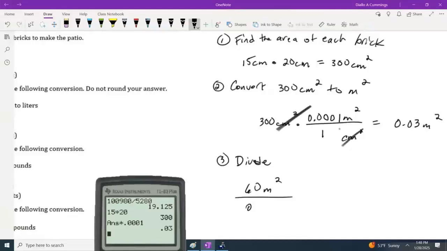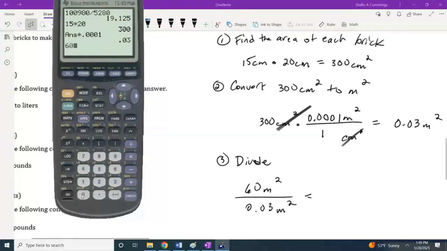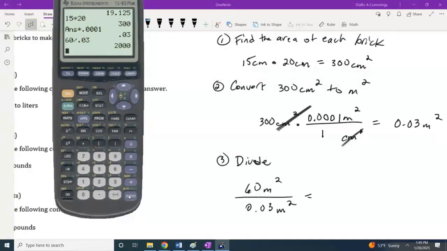I'm going to divide that by 0.03 square meters, which is the area of a brick, right? Oh, meters, that's right. We did change the unit. So if you divide 60 divided by 0.03, it should take 2,000 bricks.